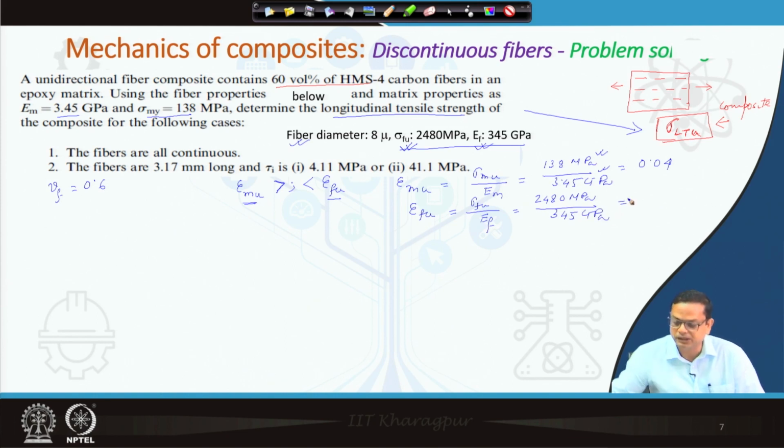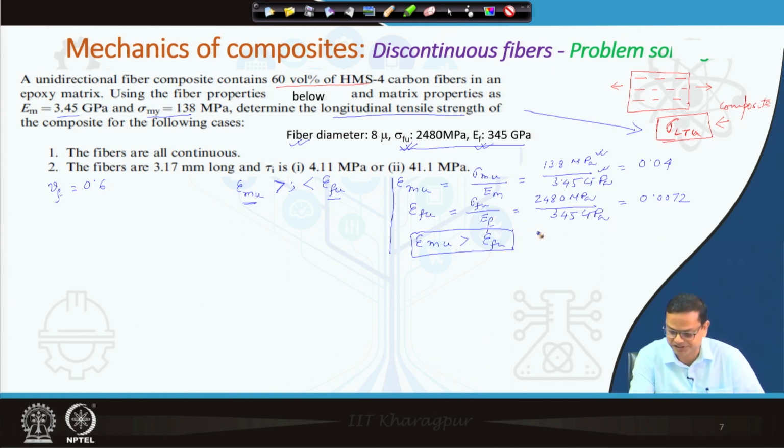So, from here you can find out it will be around 0.0072. So, you can see from here that epsilon mu is obviously more than epsilon fu.